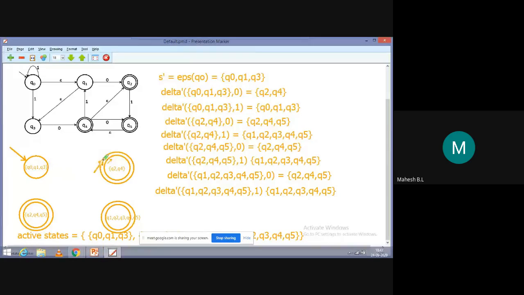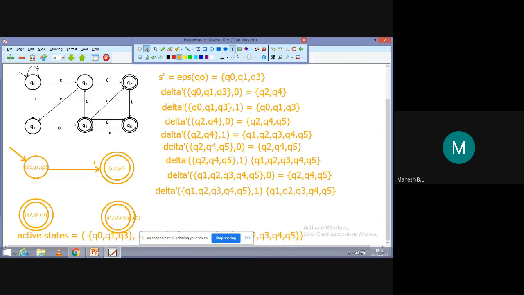So we are in state Q0, Q1, Q3. On 0 we make a transition to Q2, Q4.